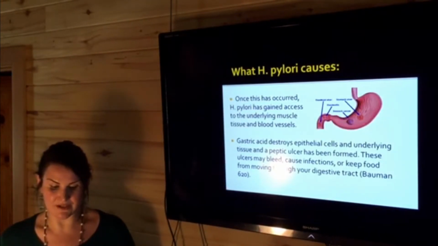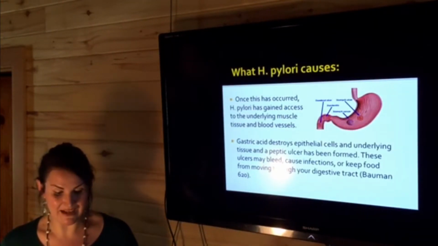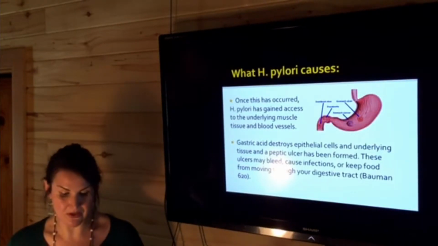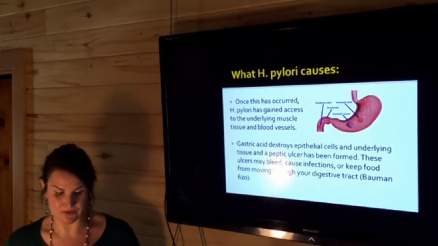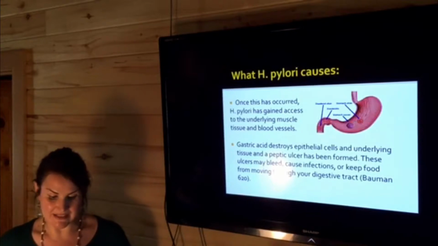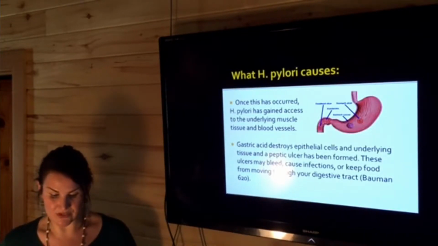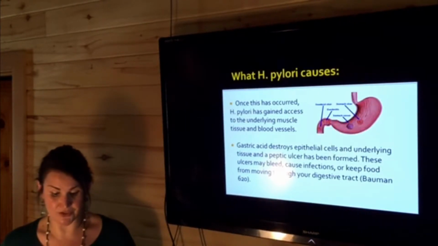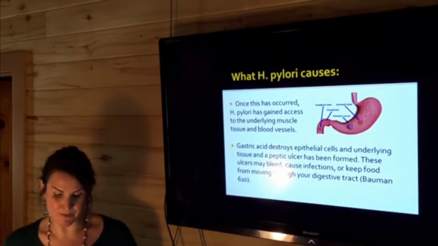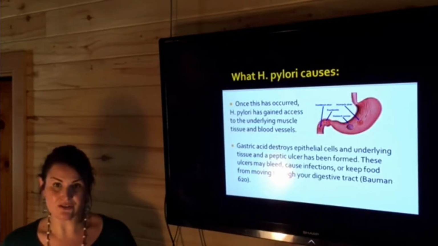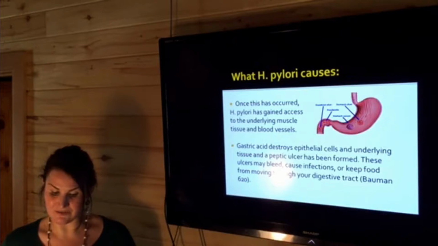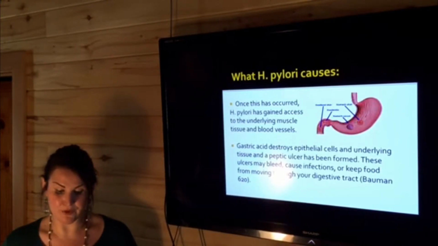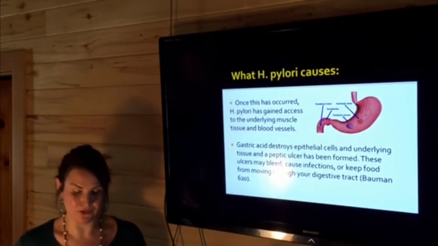Once this has occurred, H. pylori has gained access to the underlying muscle, tissue, and blood vessels. Gastric acid destroys epithelial cells and underlying tissue, and a peptic ulcer has been formed. These ulcers may bleed, cause infection, or keep food from moving through the digestive tract.